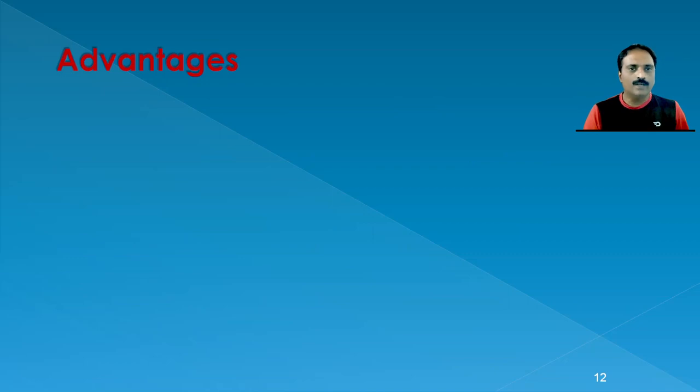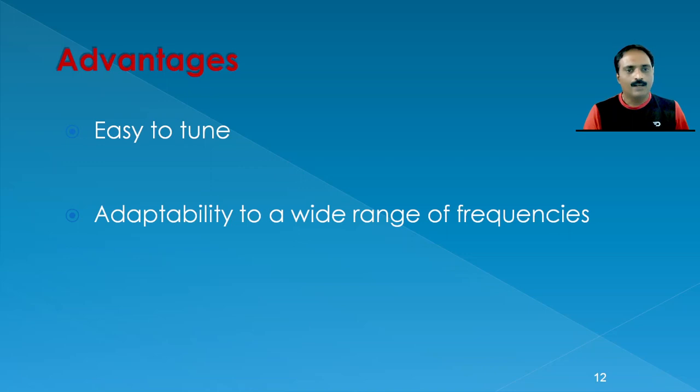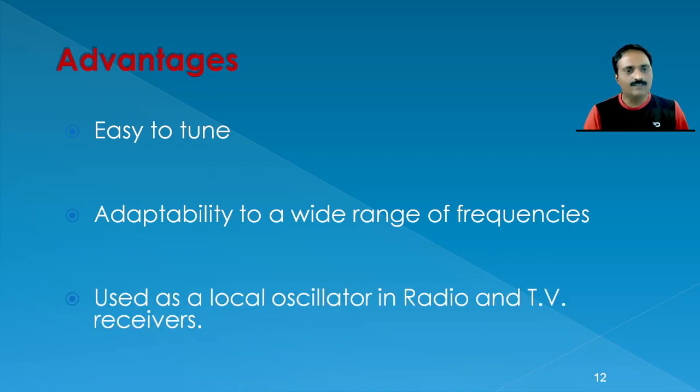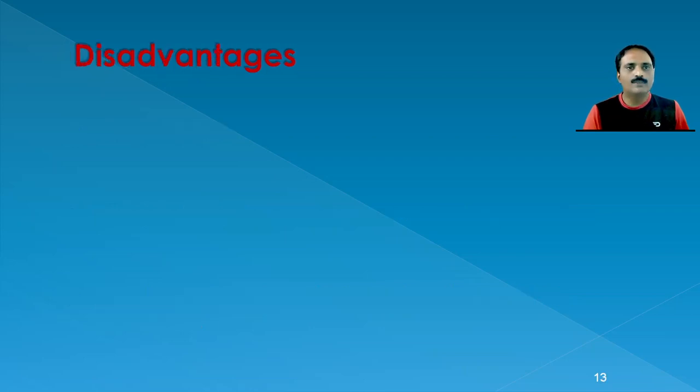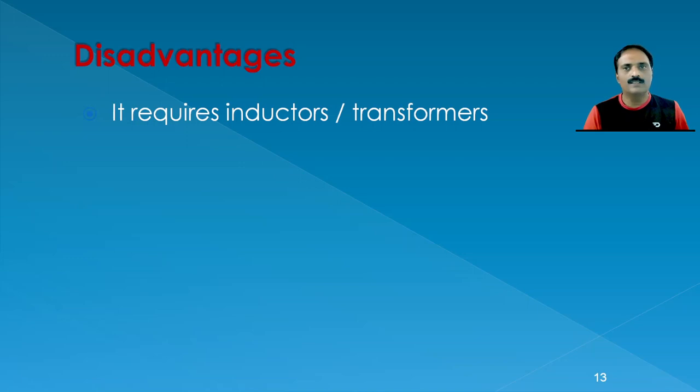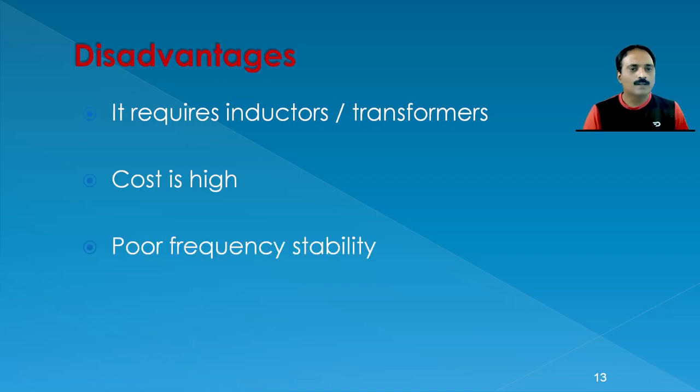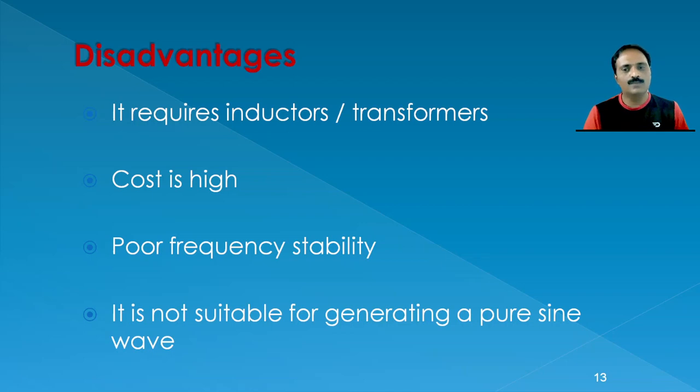So let's go for the advantages of the Hartley oscillator. It is easy to tune, adaptable to a wide range of frequencies, and it is used as a local oscillator in radio and TV receivers. The drawbacks, if you discuss: inductors and transformers are required here, which is a little bit expensive, the frequency stability will be less, and it is not suitable for generating pure sine waves, as there are more nonlinear elements.